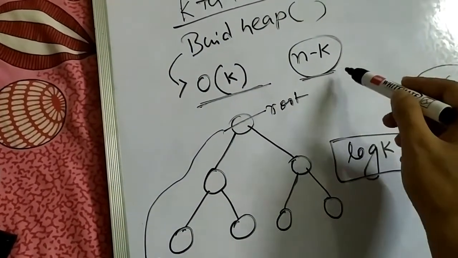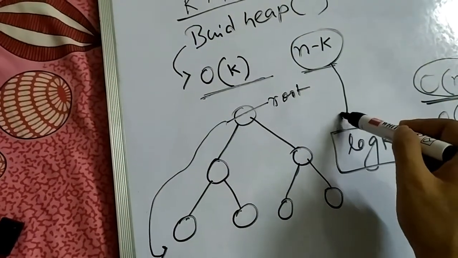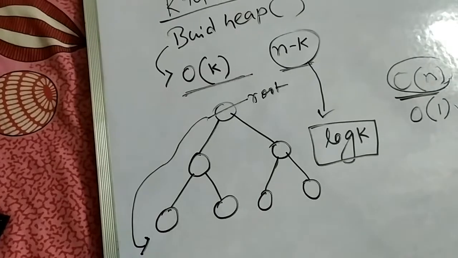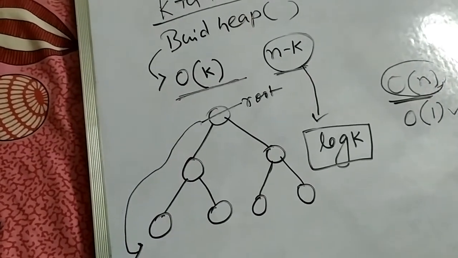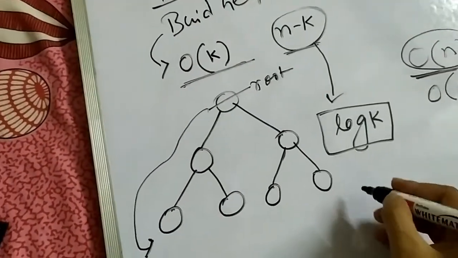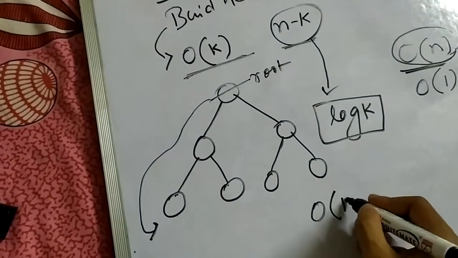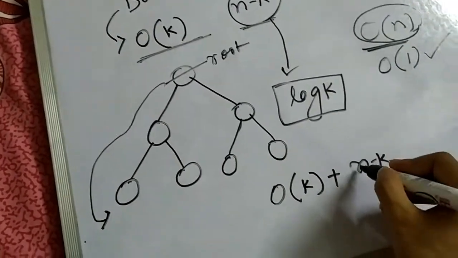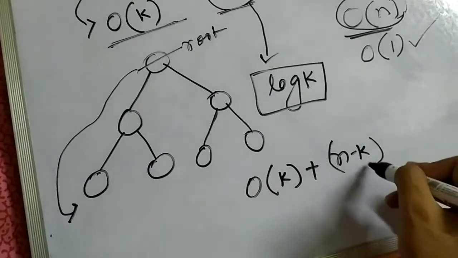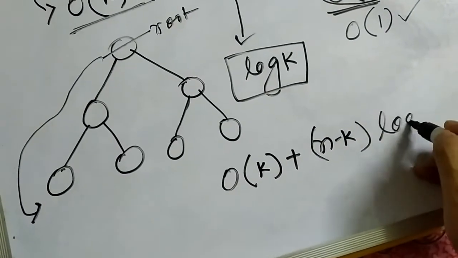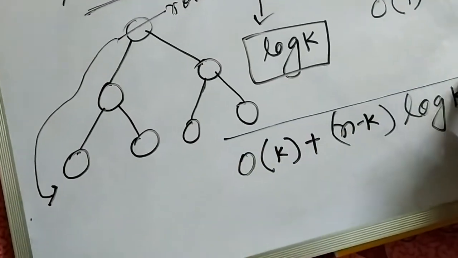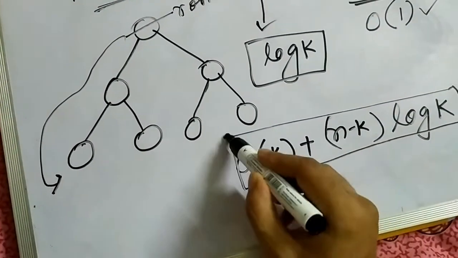So for every one of the n minus k elements we have to compare at most log k times. The total time is order of k plus, for each of the n minus k elements, log k comparisons.